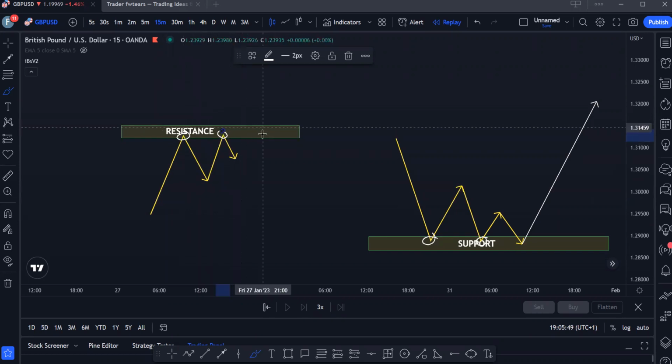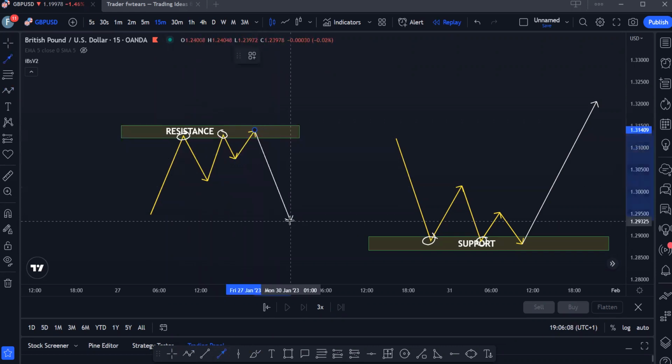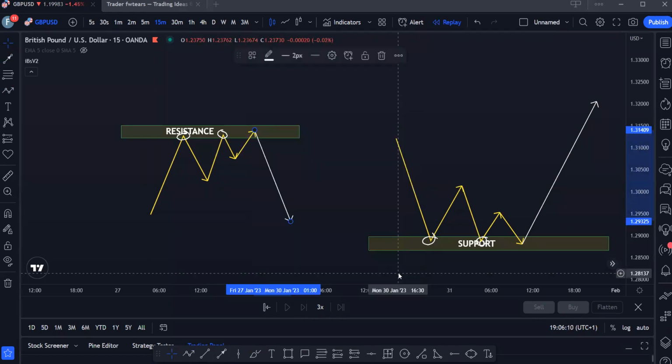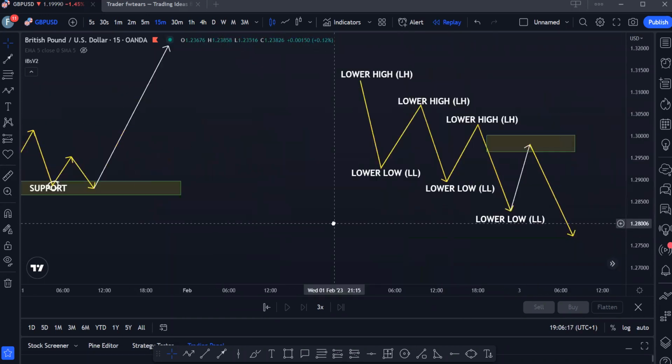So that means the next time that price comes back into this resistance zone, you can start looking for sell opportunities. So when price retraces into the zone, based on your confirmation, you now want to look for sell setups. It's as simple as that. So that is what you want to be doing over here.